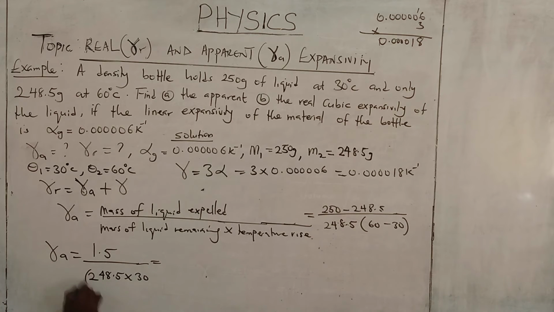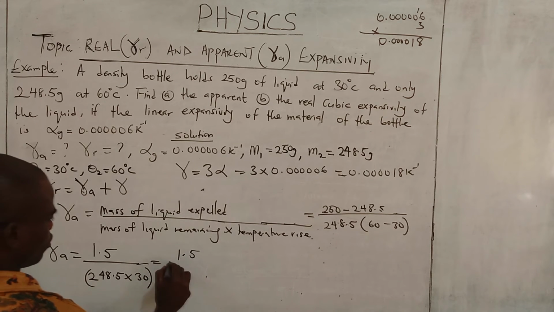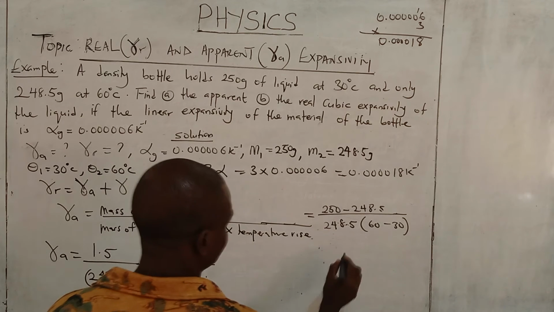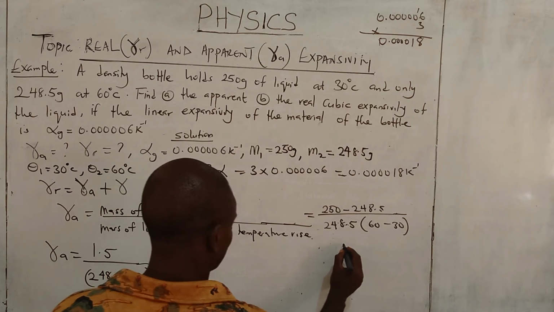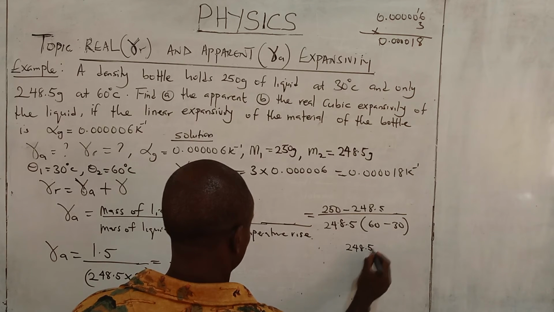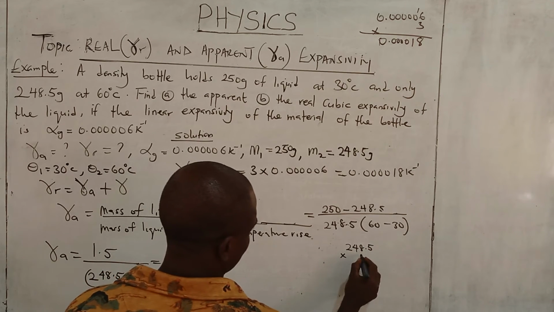Make sure you multiply the down one with your calculator. 1.5 over. Let's do the multiplication so that you can see it together. 248.5 times 30.